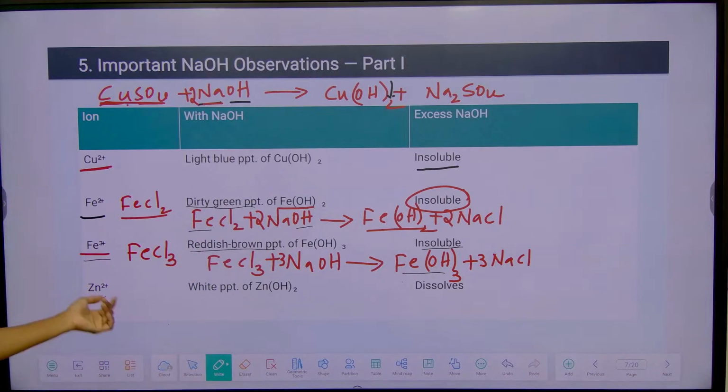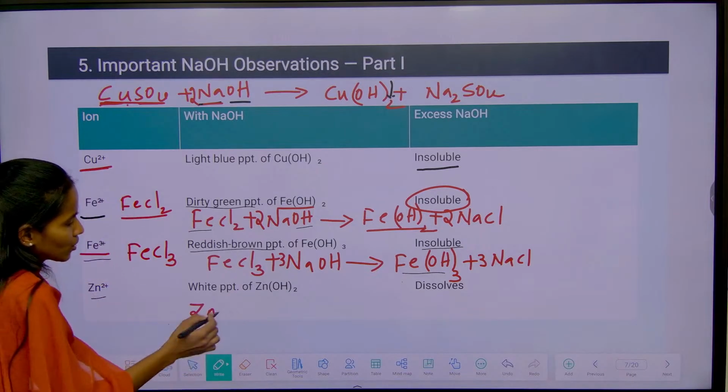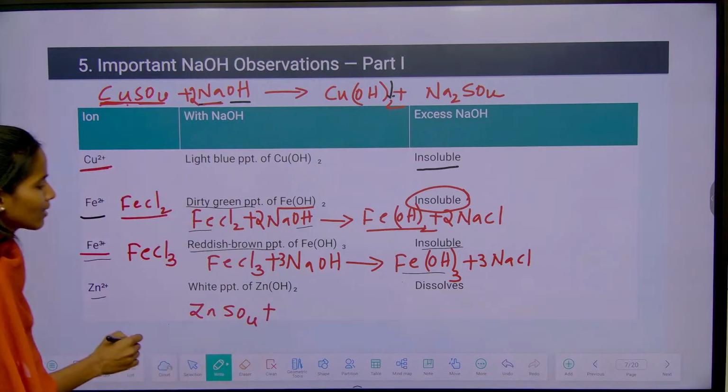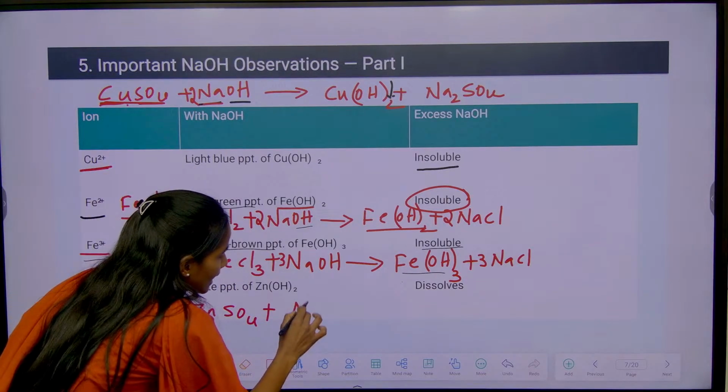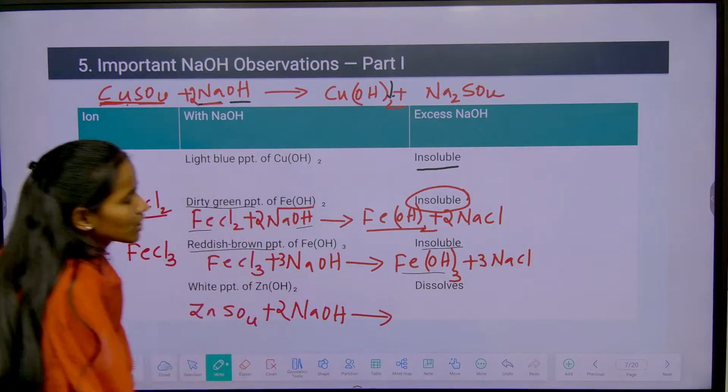Let us check Zn plus 2, zinc with plus 2 charge. Let us take zinc sulfate plus NaOH.